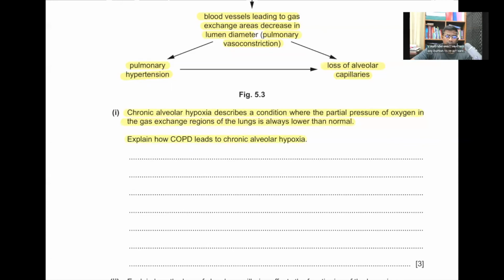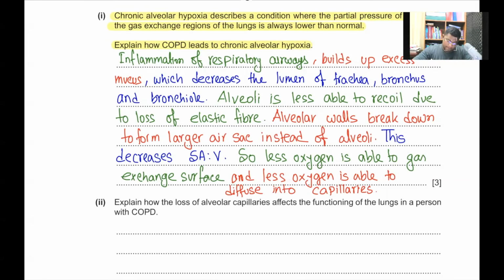Alveolar walls then break down to form larger air sacs instead of alveoli. This decreases the surface area to volume ratio. So less oxygen is able to be exchanged at the gas exchange surface, and less oxygen is able to diffuse into capillaries.